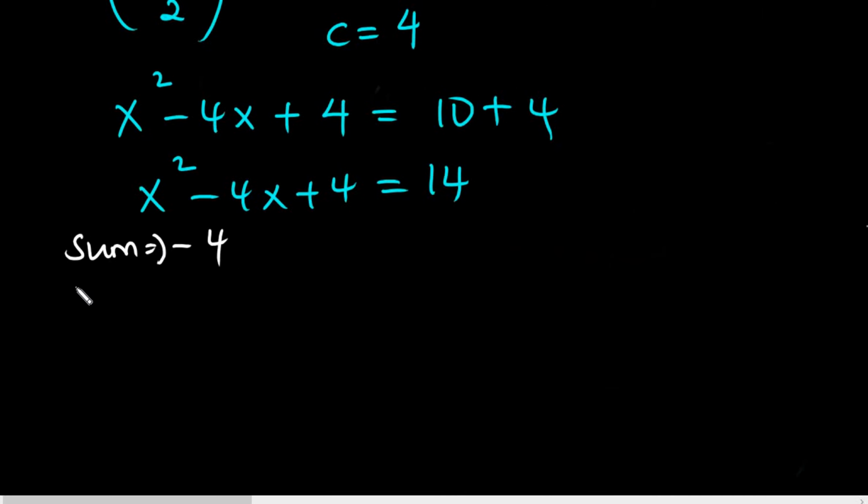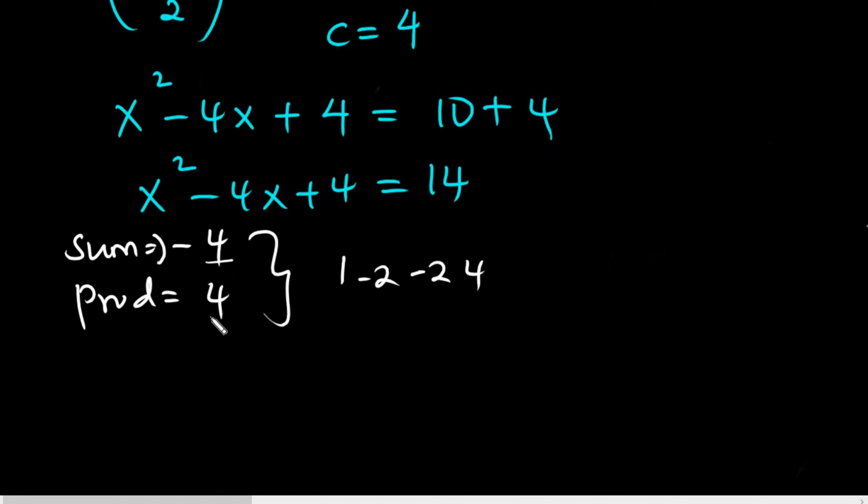So if we use factorization method to factor this side, we're going to have the sum is -4 and the product is 4. So which are these two numbers that if you add them you get -4, and when you multiply them you get 4? So if we take the factors of 4, we have 1 and 4, we have 2 and 2. Okay, so if we take -2 and -2, so -2 plus -2 is -4, and then -2 times -2 is 4.